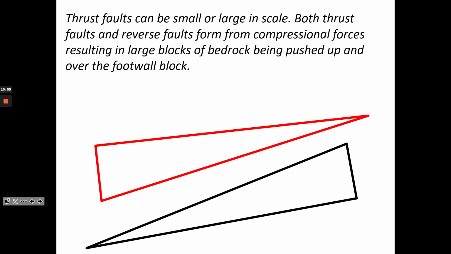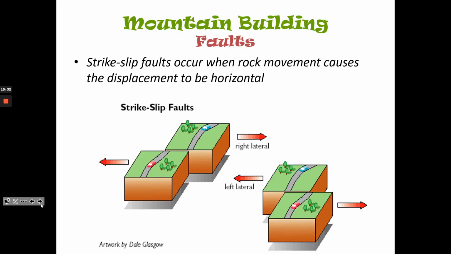It was a picture of a mountain, and it had a thrust fault, and I can tell that because of how reduced the angle is. So again, thrust faults can be small or large in scale. They occur due to compressional forces when our hanging wall is able to move up on the footwall. If they're moving apart, that's due to tensional forces, and that's called a normal fault.